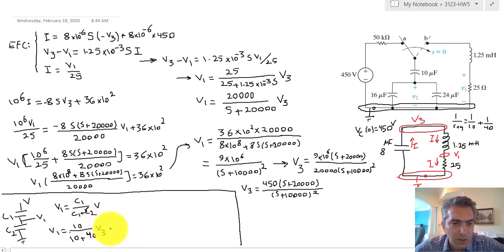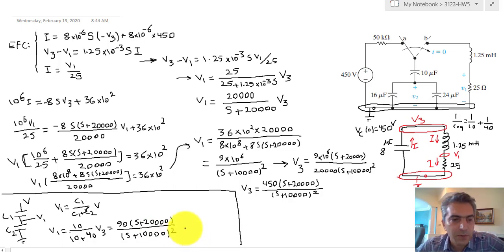So this would be 1 over 5 V3, so that would be 90 times s plus 20,000 over s plus 10,000 to the power of 2.